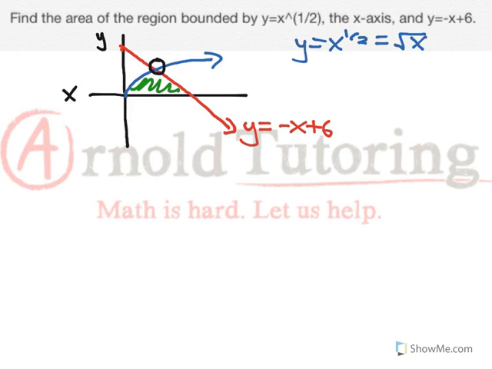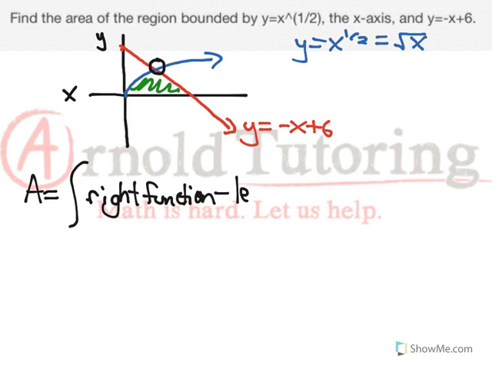Another way we could do it is to look at the area horizontally, from side to side. It's the integral of the right function minus the left function, but this can only be done in terms of y, dy.